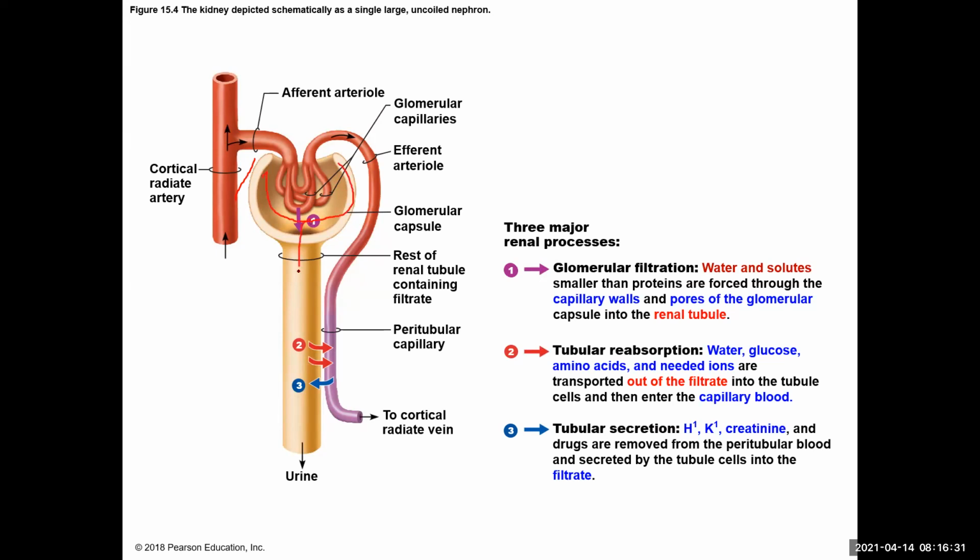Then the fluid will move further towards the renal tubule, where tubular reabsorption takes place. Things move from the tubule into the blood. The direction is very important. I'll explain in the coming slides why they move back into the blood when they are filtered here.